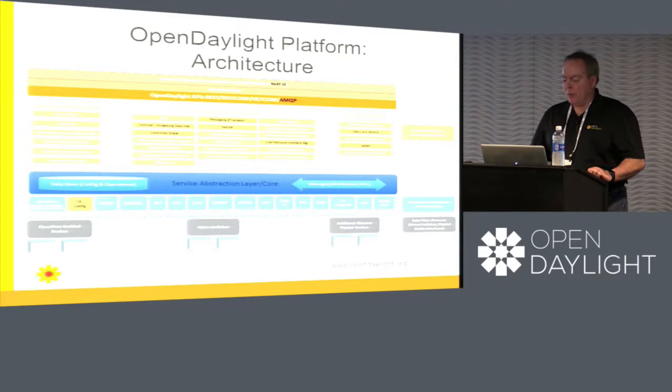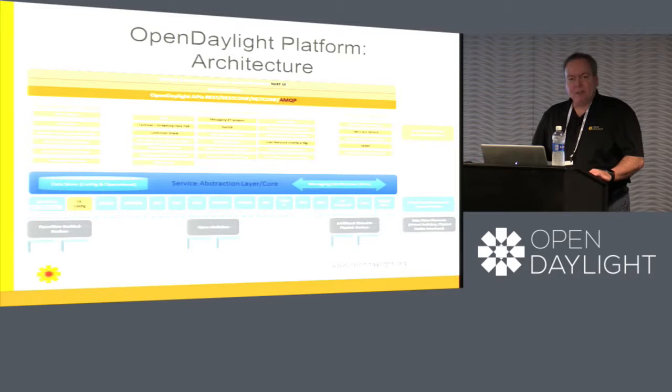Again, for the Beryllium release, we had some new components. Sentinel, which is a streaming data handler, sits on top of another project called Time Series Data Repository, or TSDR. Controller Shield is a set of tools to help you understand what your security vulnerabilities are from either northbound, east-west traffic, or southbound.